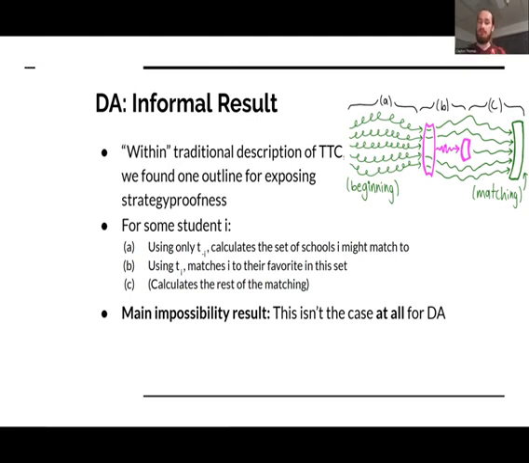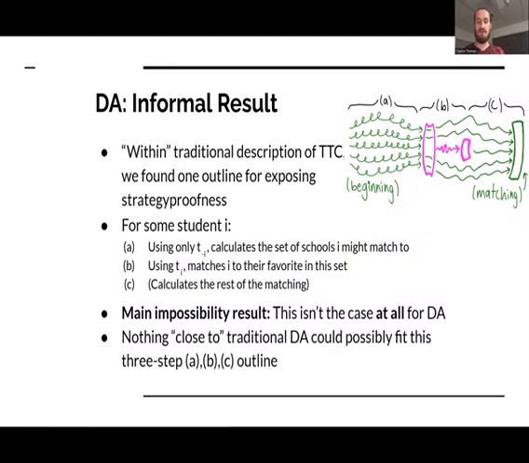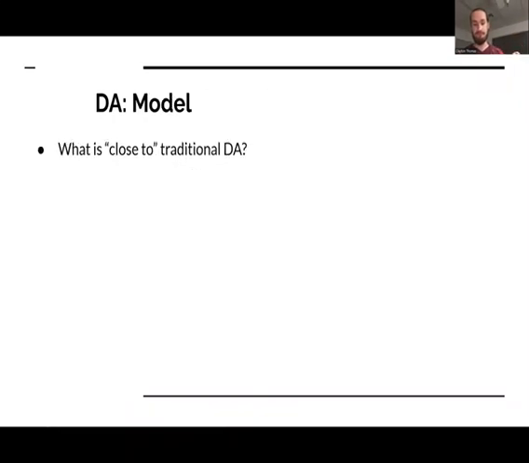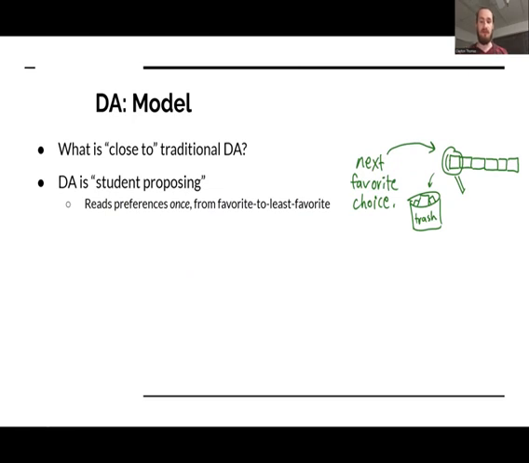Our main impossibility result is going to say this isn't the case at all for DA. We're going to say nothing close to the traditional description of DA could possibly fit in this three-step ABC outline. So first, very crucially, we need to model what is close to traditional DA. First, DA is student proposing.